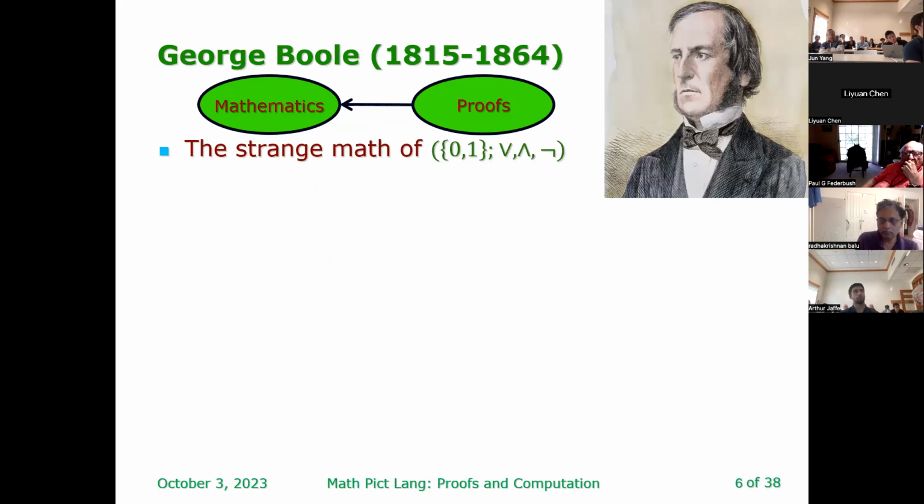This started from the work of George Boole in 1850. There was this very strange math: when everybody else was trying to extend the scope of their numbers from integers to rationals to reals, complexes, quaternions, or whatever, Boole went all the way down to the basics and said, let's look at the mathematics of 0 and 1, along with the operators and, or, not, and suddenly all kinds of interesting things flowered.